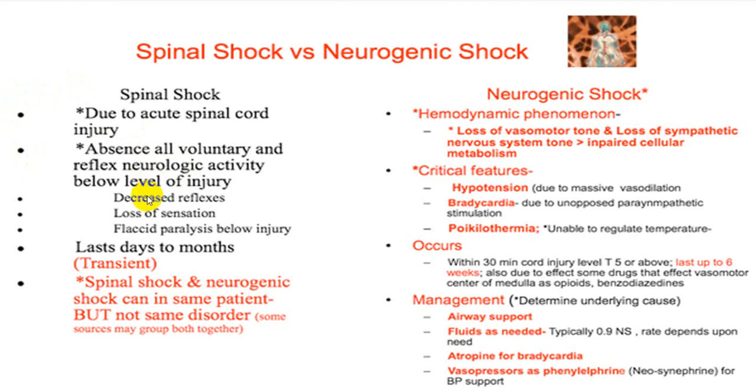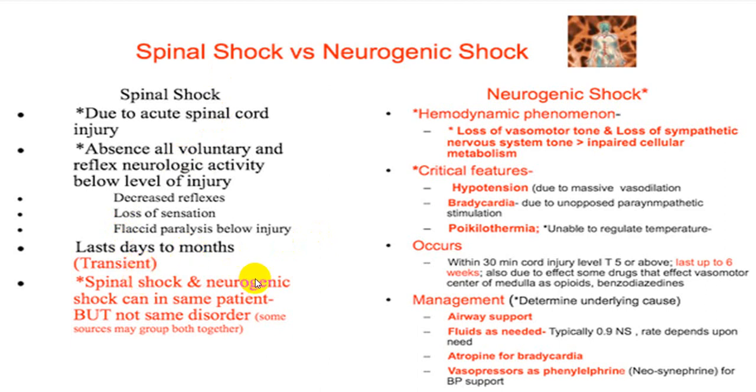So there will be decreased reflexes, complete loss of sensation, and flaccid paralysis. After some time, you will have recovery, and below the level you will have spastic involvement, but all sensation will be lost. This spinal shock can last for days, very rarely 2 months, but by and large it is transient.